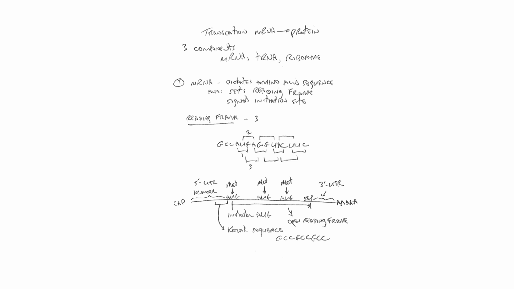So there's a 5' untranslated region, 5' UTR, and a 3' UTR, 3' untranslated region. These do not encode any protein. They are involved in regulating the availability of the transcript for protein synthesis. So they usually are somehow involved in regulation, just like a promoter is involved in regulating transcription.